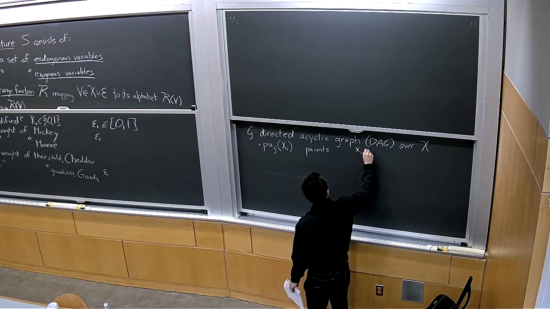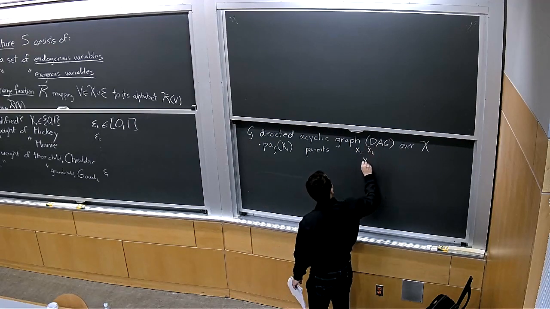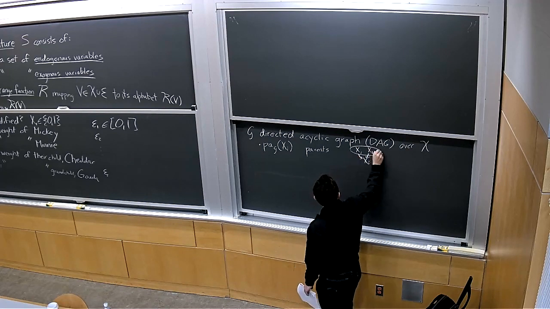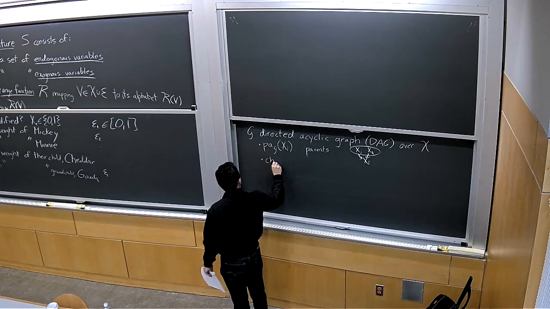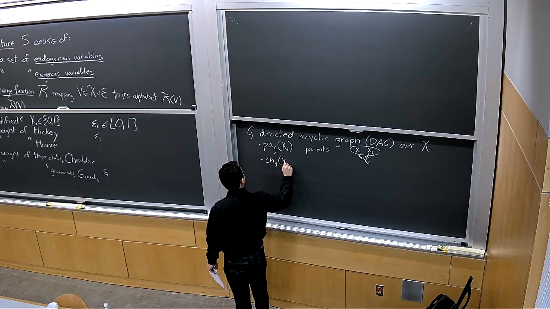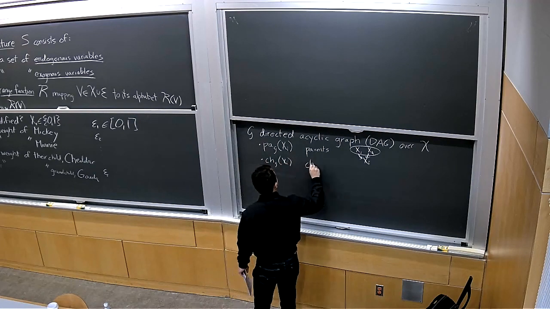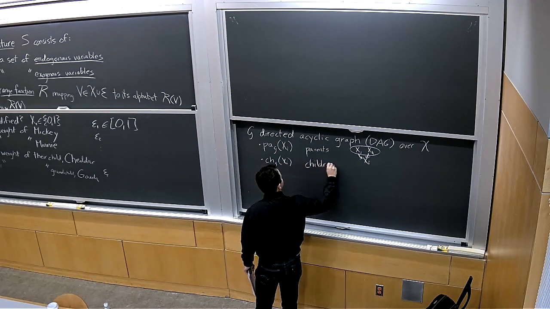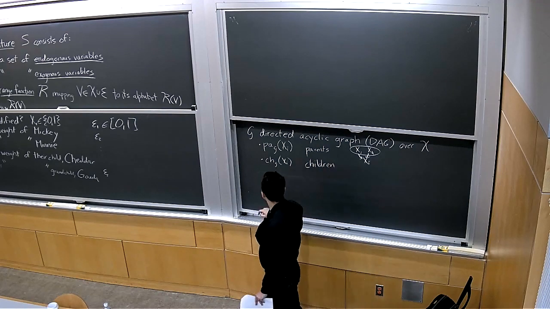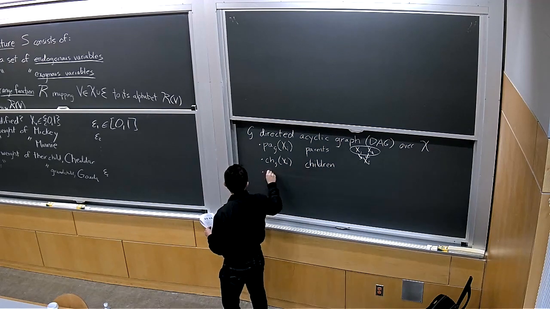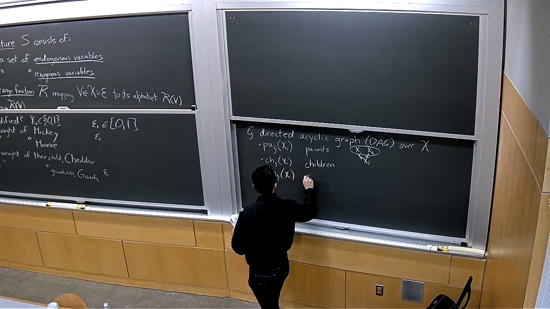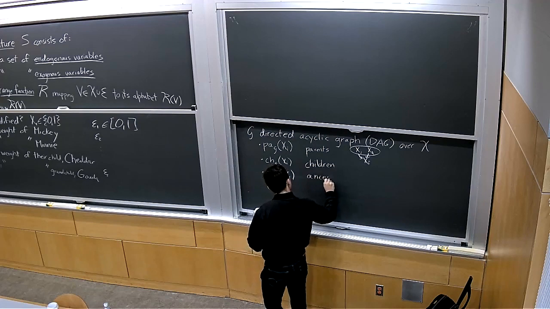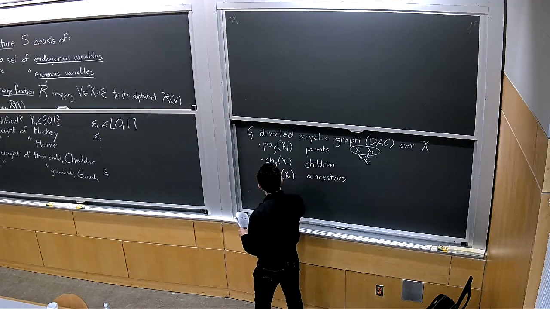So if I had this graph, then these would be the parents. I'm not going to give examples for all of these because this is pretty standard terminology. Children is going to be the things with an arrow from xi into those nodes. And then we'll use things like ancestors, and descendants.